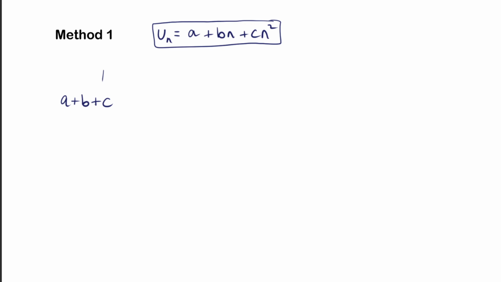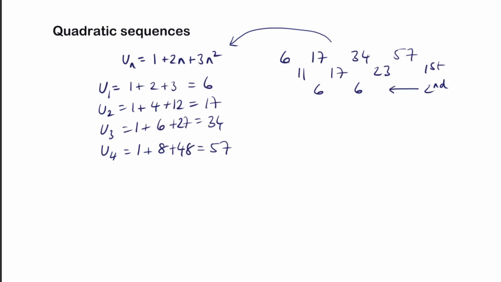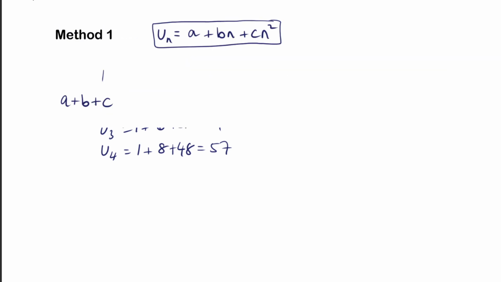If we go back to the one we were doing, here's my formula. This is my a, this is my b, and this is my c. A plus b plus c, that's 6. It's telling us the first term. So we're just working out a general situation here. So let's put 2 in. Obviously 2 squared is 4, so this will be 4c.